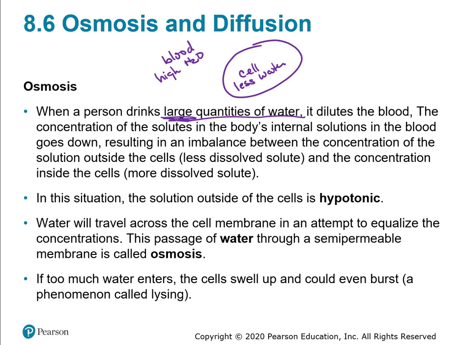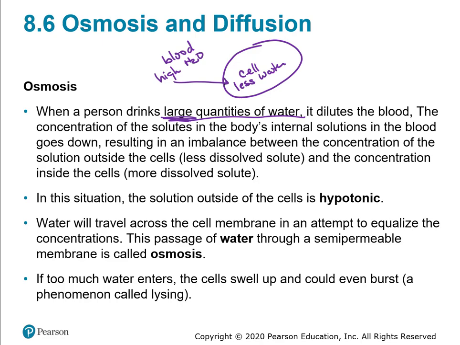Now there's more water in the fluid part of the blood than there is inside of the cells. So water will go from areas where it's at high concentration to areas where it's at low concentration.